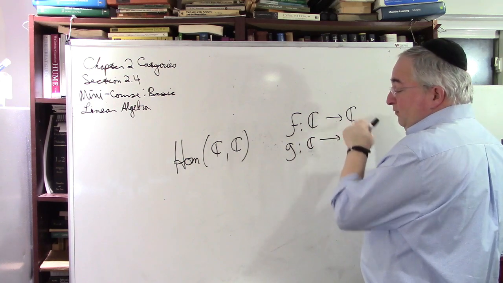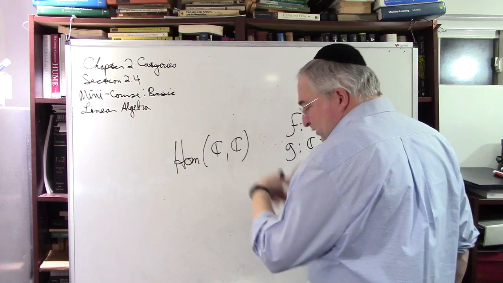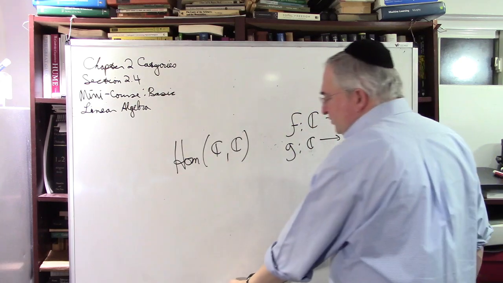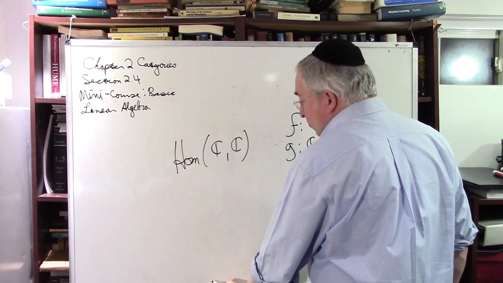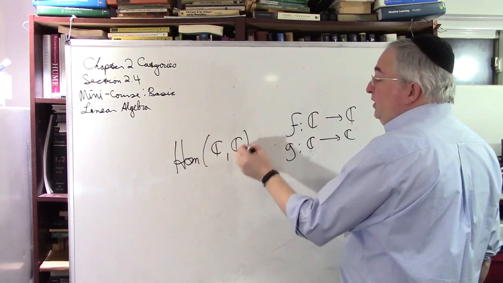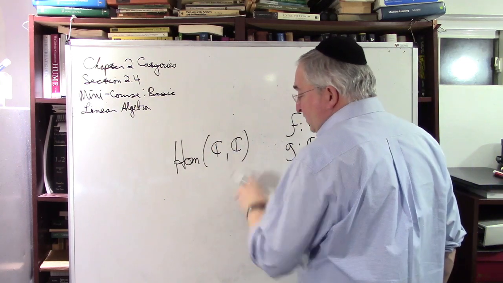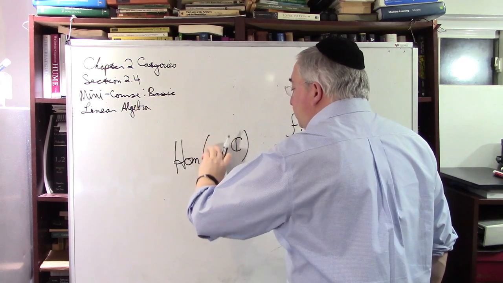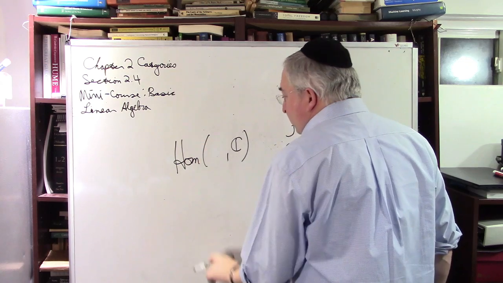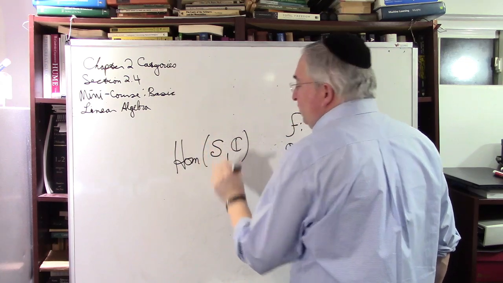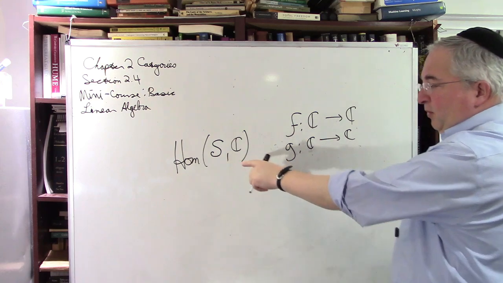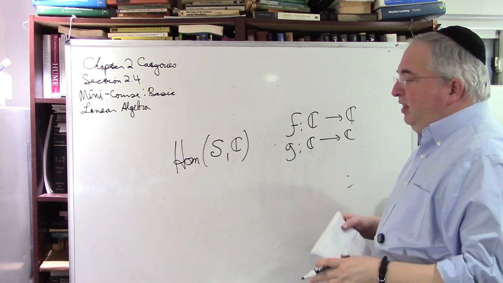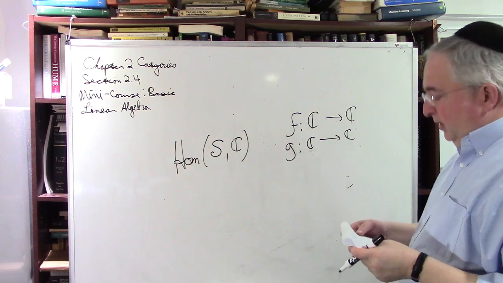You're adding them over here. And you have scalar multiplication, and you have subtraction, and you have a zero function. No matter what you input here, it's going to output the zero of this complex number. Let me give you one other. Take any set whatsoever. The homomorphisms from the set to C is a complex number.